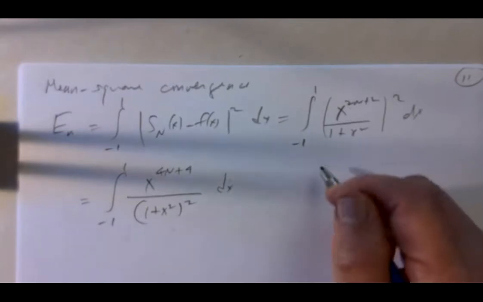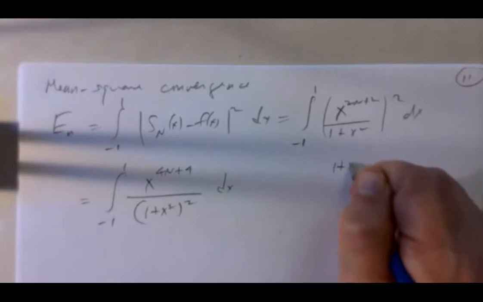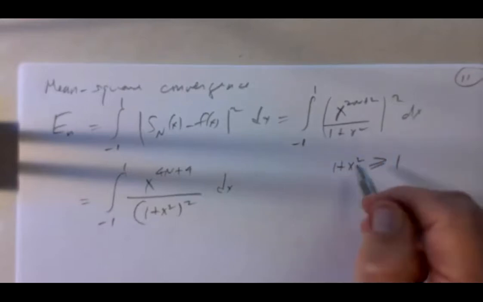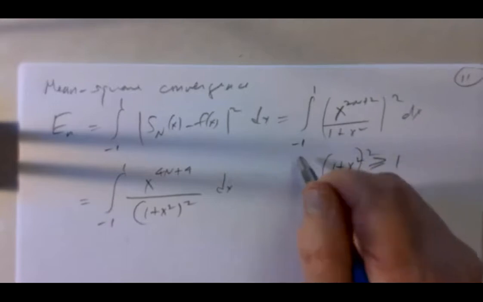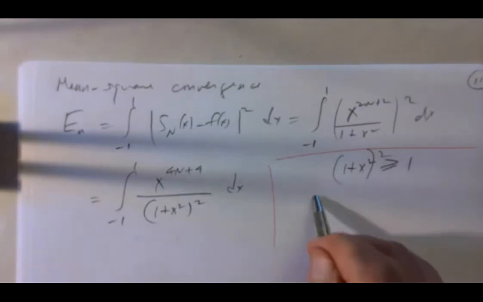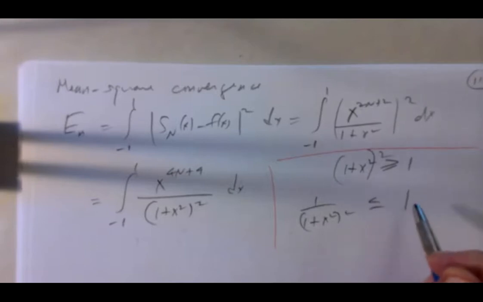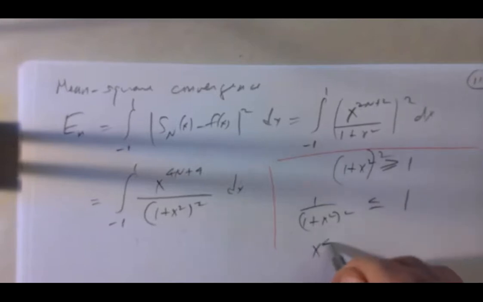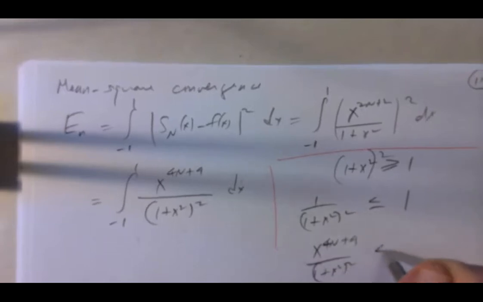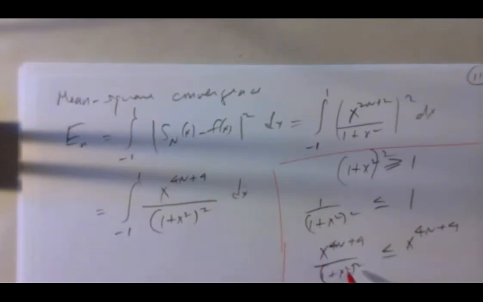And let's do some elementary calculus. 1 plus x squared is always at least 1. So 1 over 1 plus x squared is less than or equal to 1. And so x to the 4n plus 4 over 1 plus x squared is less than or equal to x to the 4n plus 4.